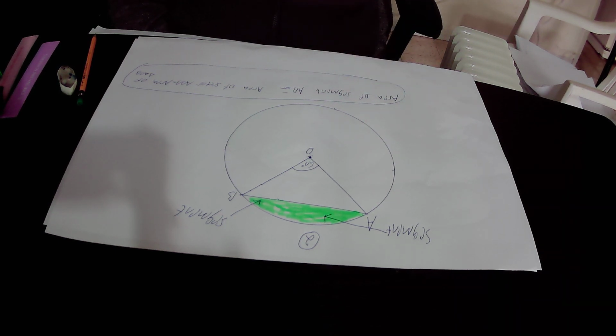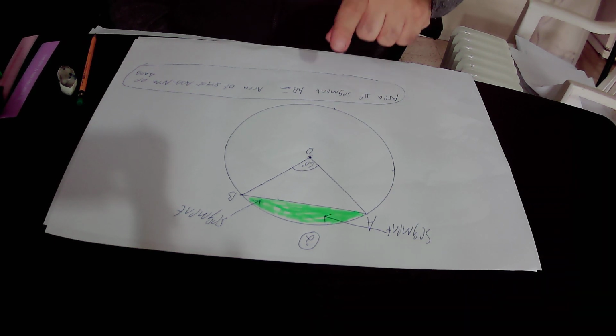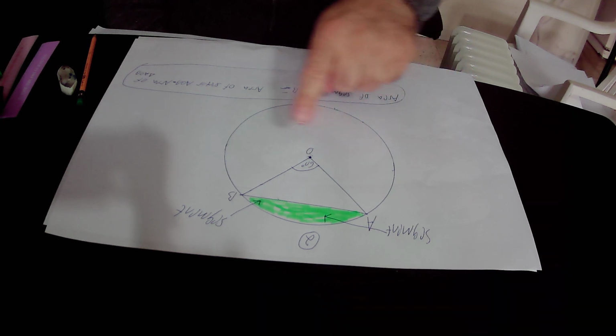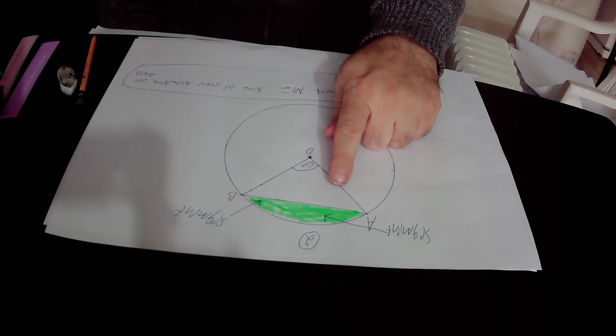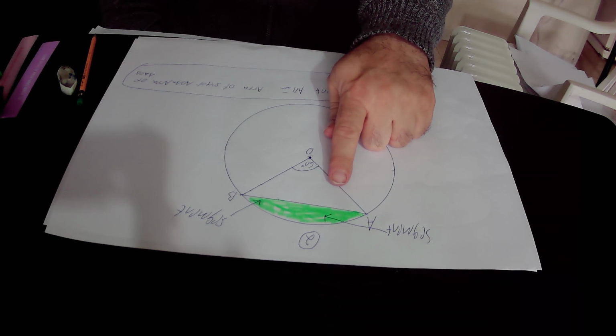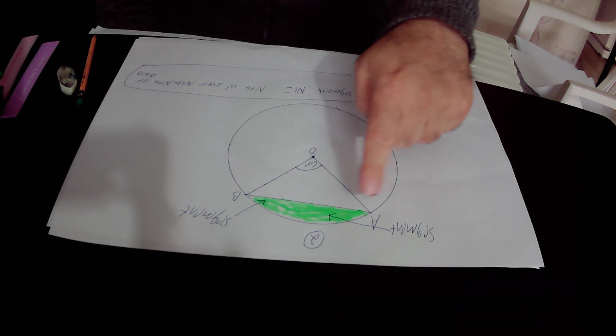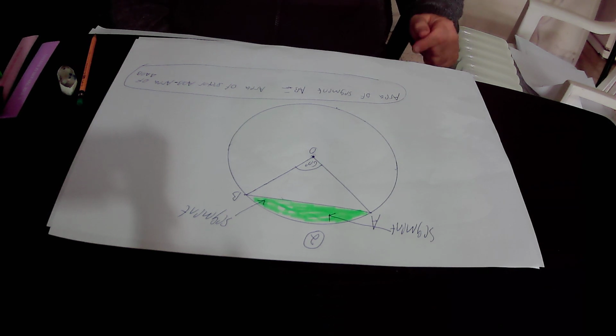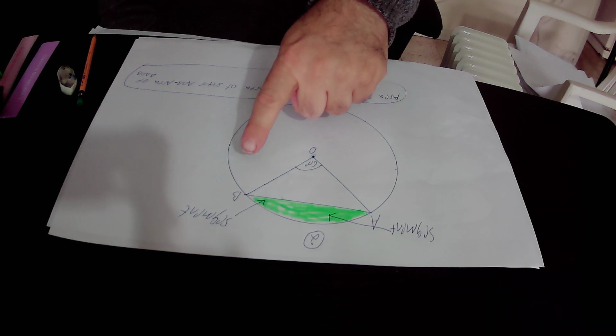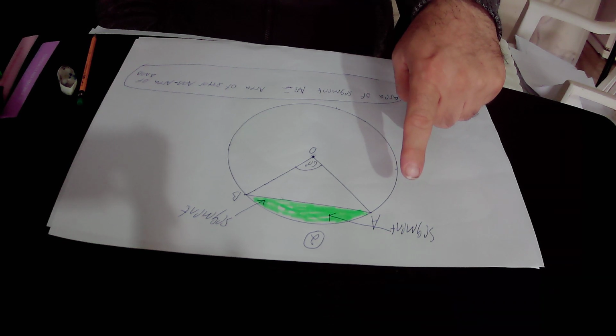A segment is the area inside a circle that is bounded by a chord and an arc. So segment AB in the green color is actually the area that is bounded between arc AB and chord AB. Again, a segment is the area that is bounded by the arc and the chord.